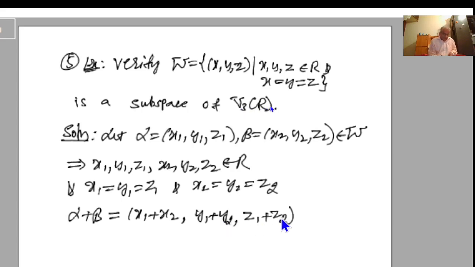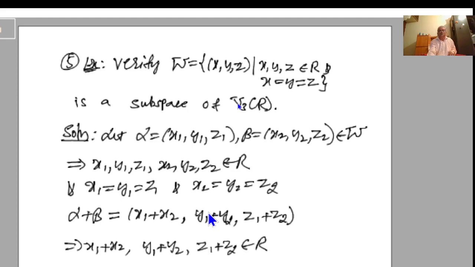Okay. So here as x1, y1, z1, x2, y2, z2 they belong to R, it means x1 plus x2, y1 plus y2, z1 plus z2 they also belong to R. This implies x1 plus x2 comma y1 plus y2 comma z1 plus z2 belongs to R.